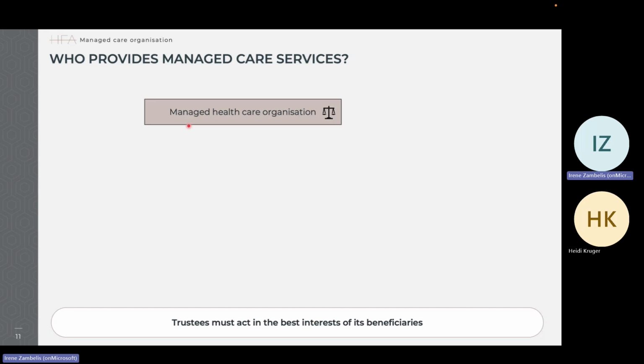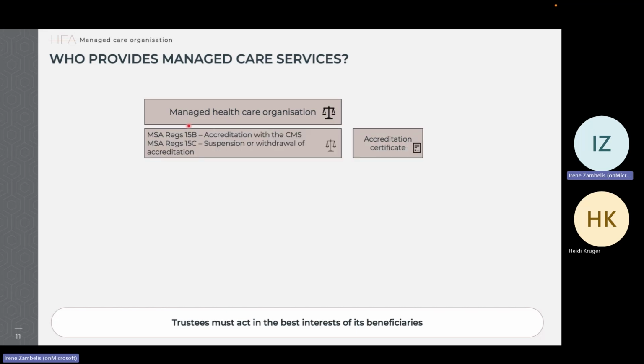And the one thing we must remember here is that managed care companies are for-profit entities. What Regulation 15B says is that managed care companies must get accreditation with the Council for Medical Schemes to be able to provide managed care services to a medical scheme.